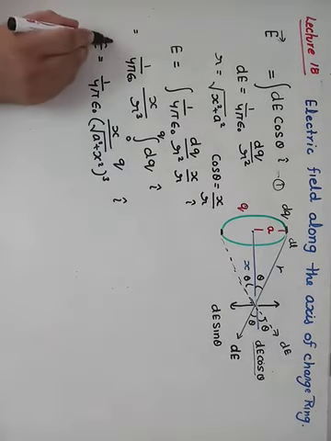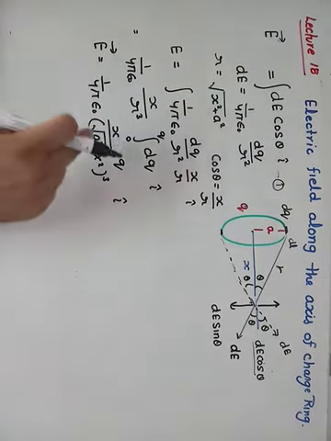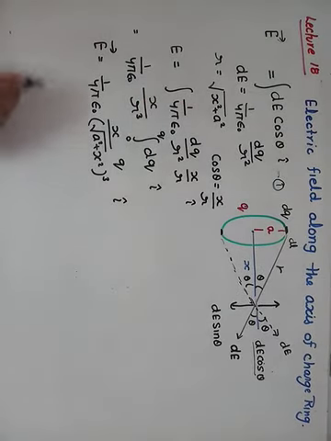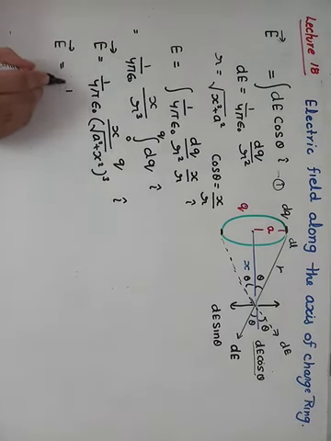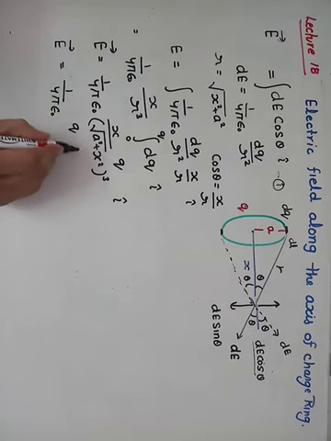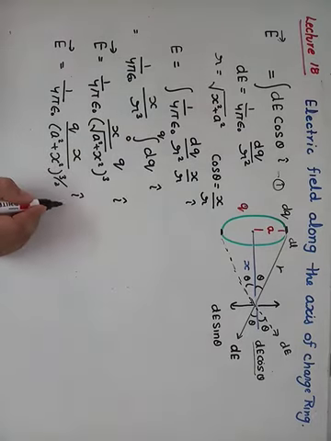This is the formula for the electric field. In only 4 steps you are able to calculate the value. Finally we get the result: E is equal to 1 upon 4 pi epsilon naught, Q into x upon a square plus x square power 3 by 2, direction is i. This is our final result.